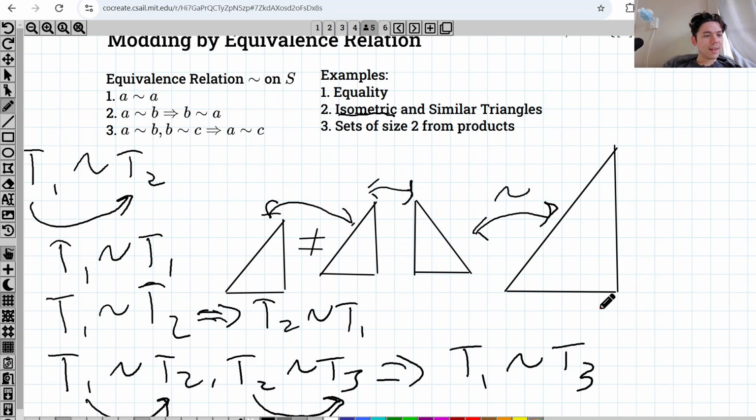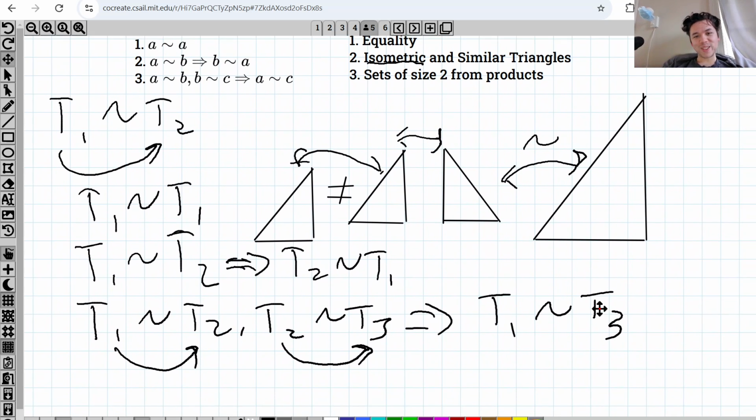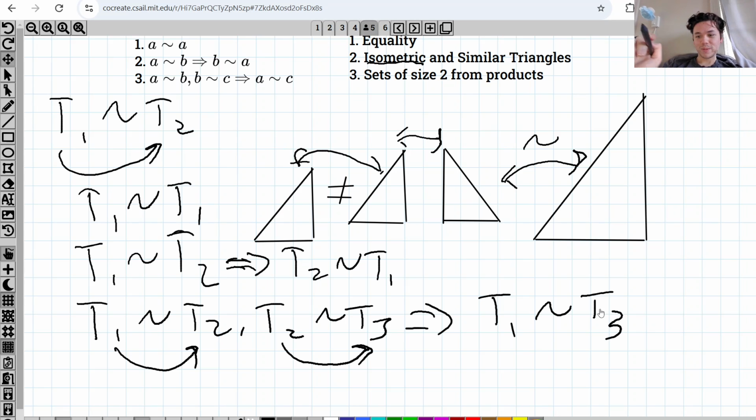And the last thing I want to do is define, okay, once we've done all of this, what does this get us? Okay, we have a notion of things being similar. How does this relate to building sets, and how is this going to come back all the way to allowing us to go from the natural numbers to the integers?